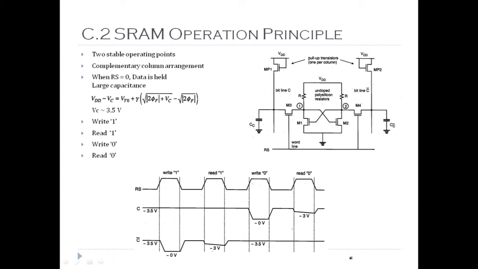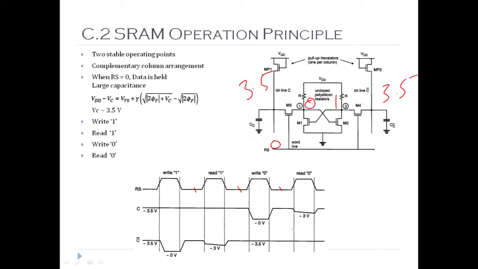Read 0 operation. Now the fourth operation that we are considering. Of course, after every read and write operation there will be equalization. So in this case, let's assume that we are performing read 0 operation. That means 0 is stored here and 1 is stored here. Now when RS is equal to 0, this is 3.5 and 3.5.